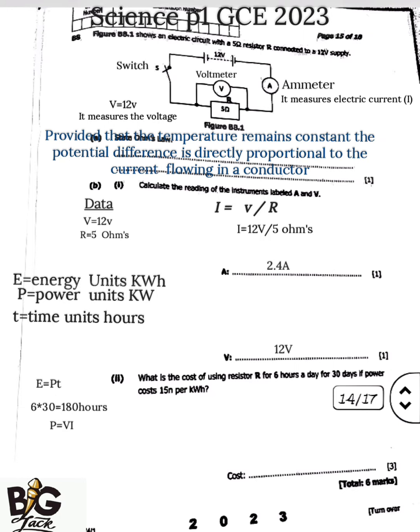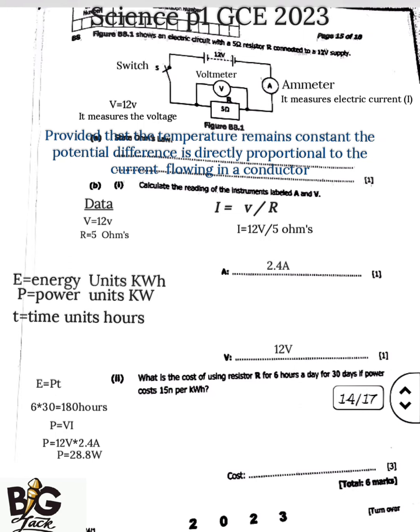So power is equal to voltage, which is 12 volts, multiplied by current. Our current comes from question B, Roman numeral 1, which is 2.4 amps.